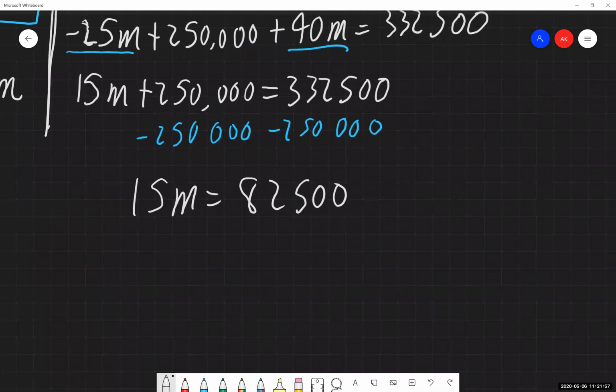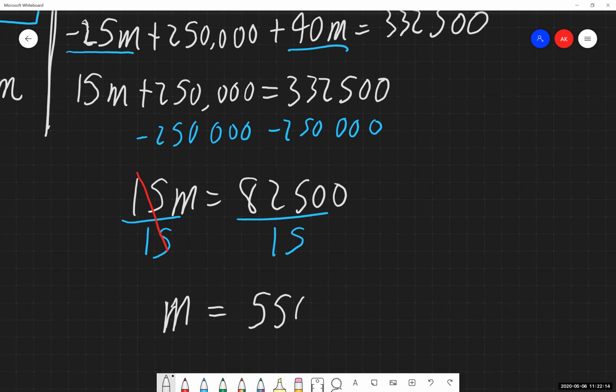Then divide both sides by 15. Cancels on the left-hand side. And we get our answer of 5,500.